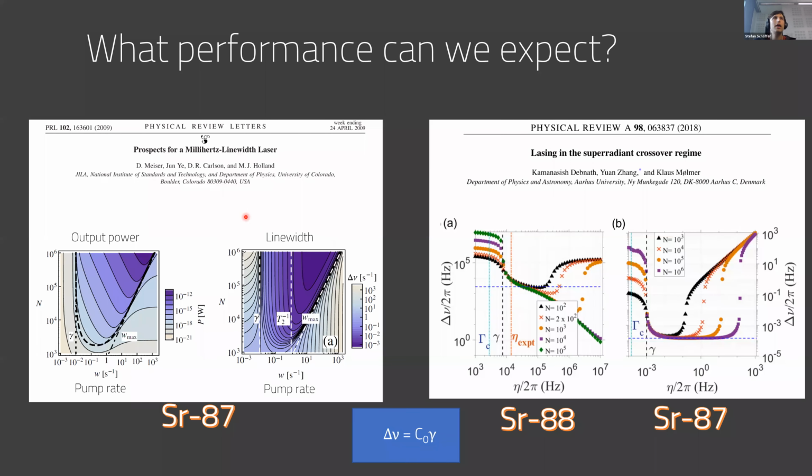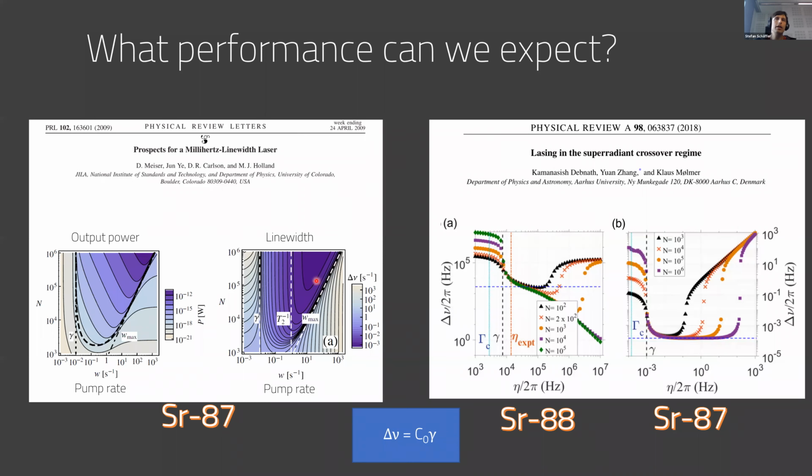This paper from 2009, from the group of Murray Holland, shows for the millihertz line in strontium-87 that you can reach optimal pumping rates with a requirement of about 100,000 to 1,000,000 atoms, and in that regime reach a millihertz linewidth of your laser as well. So this is a linewidth comparable to the decay rate of the atoms.